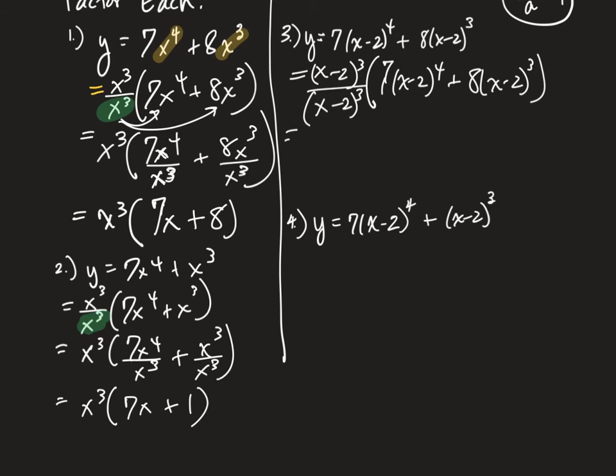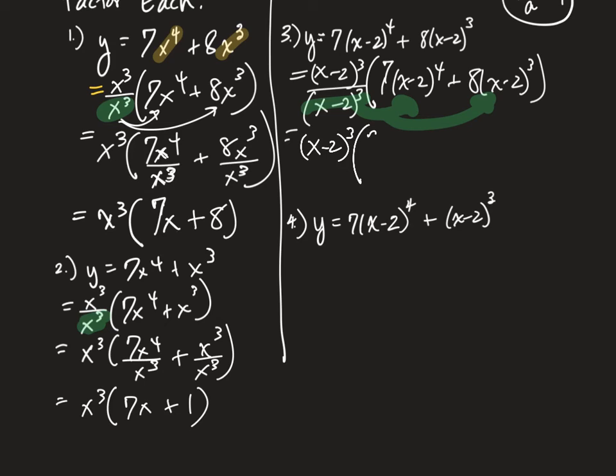And when I distribute the denominator, again, right, we're going to distribute to there and there, I end up with x minus 2 cubed from that numerator that's left.